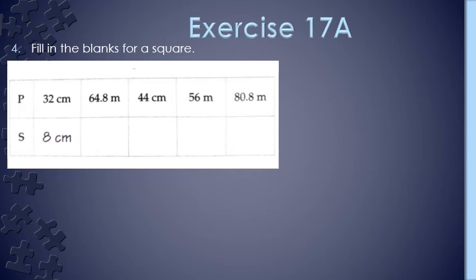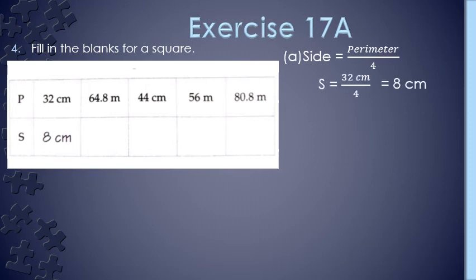So we will start from the second one. And how have we done the first one? Well, in the first one, perimeter is 32 centimeter and you have to find out the side. So side is equal to perimeter divided by 4. So 32 divided by 4 is equal to 8 centimeter.